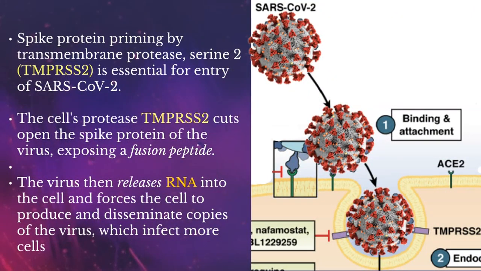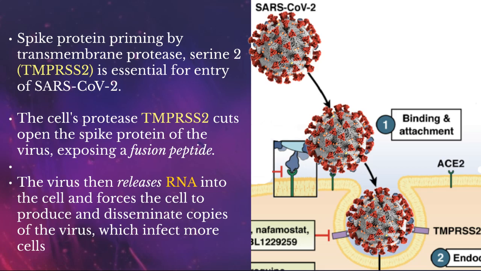The S protein is not the only way for the virus to enter the body. There is another protein called transmembrane protease serine 2, which is essential for entering. This protease cuts open the spike protein of the virus, exposing the fusion peptide.